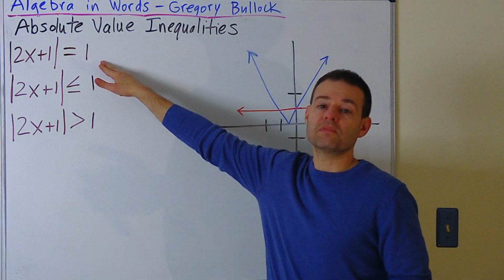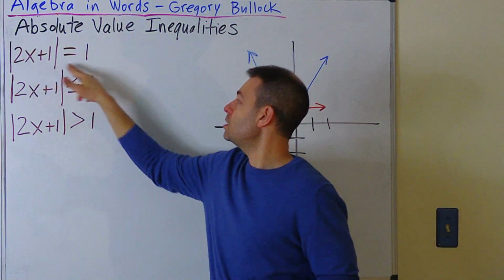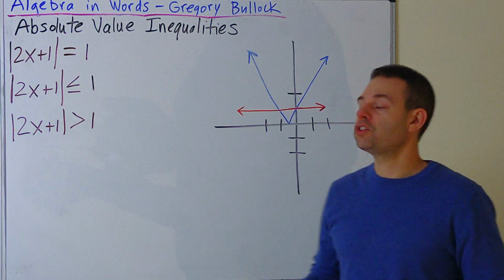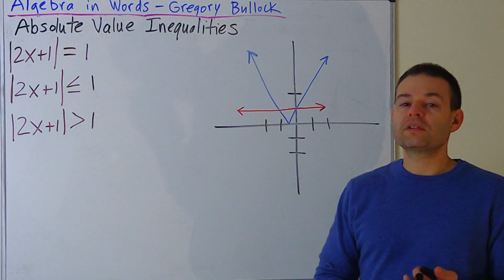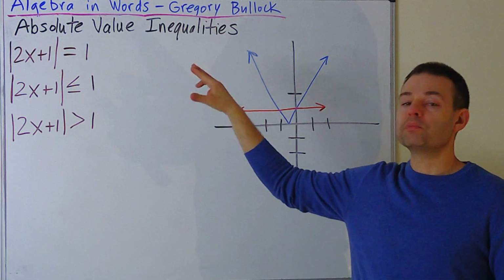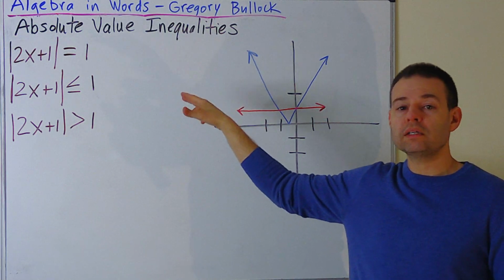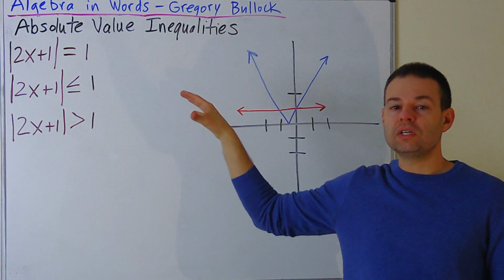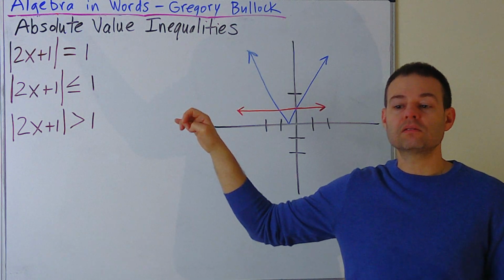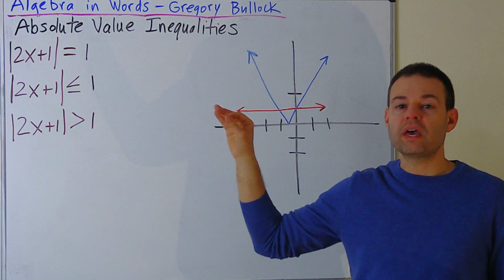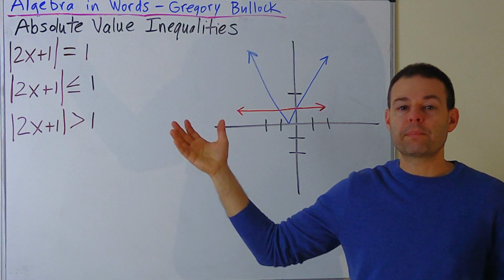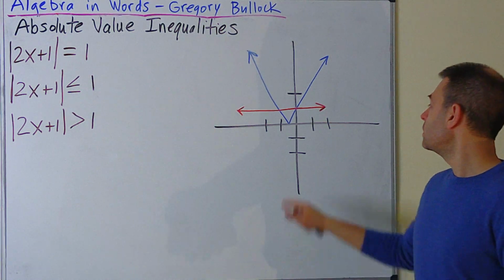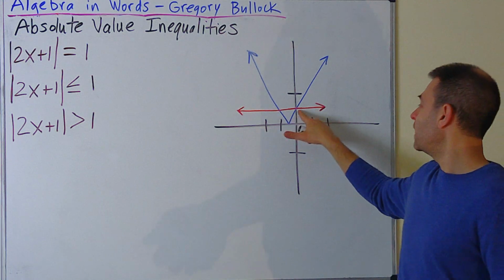That's where this comes from. That's why this equals this. So where does it come from when we say the absolute value of 2x plus 1 equals 1? It means their equations are equal, but more specifically it means at what points do the graphs of each of those equations overlap. And in short, that would be at this point and at this point.